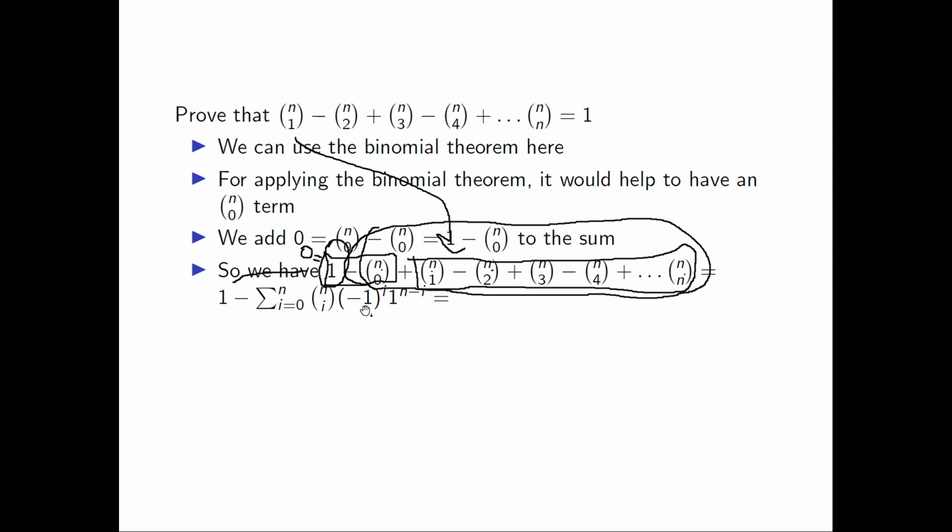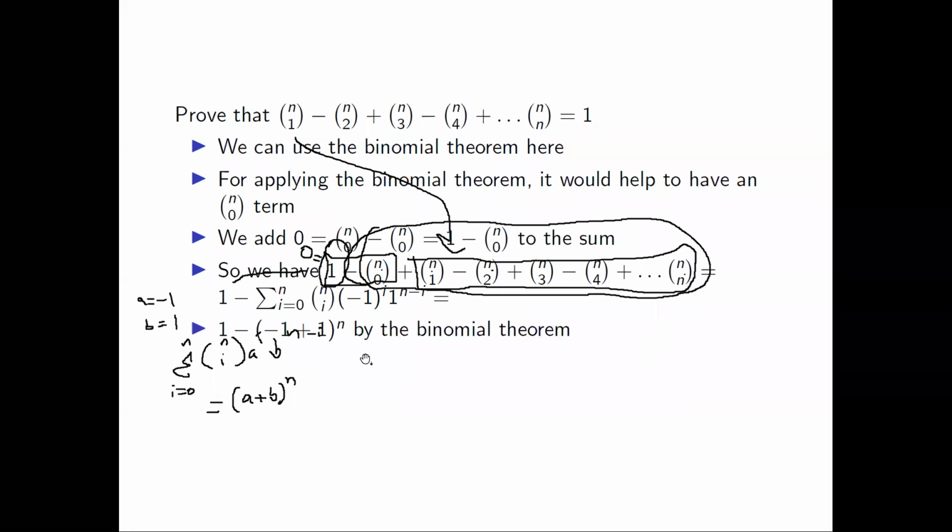And we can see by the binomial theorem that if we use a equals negative 1, b equals 1, the sum i equals 0 to n of n choose i, a to the i, b to the n minus i, the binomial theorem tells us this is equal to a plus b to the n. And so we're going to use that with negative 1 and 1. So we get negative 1 plus 1 to the n.